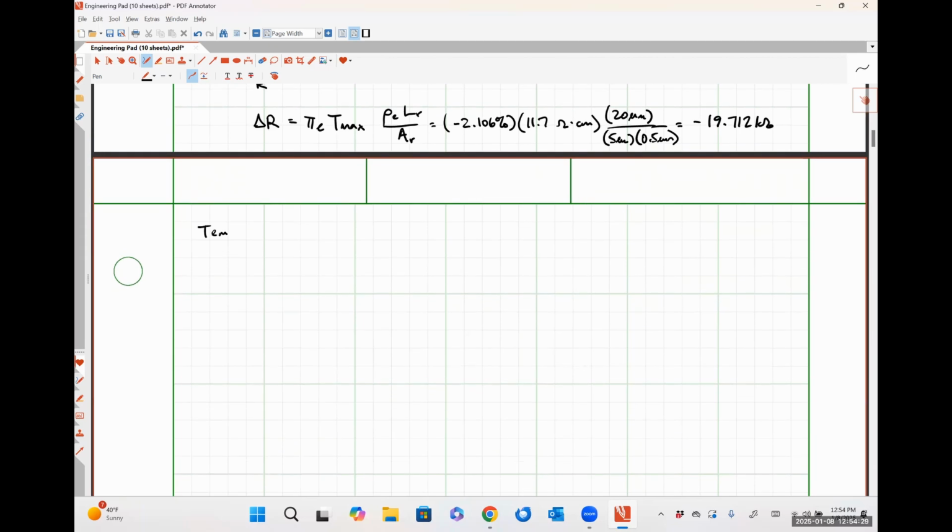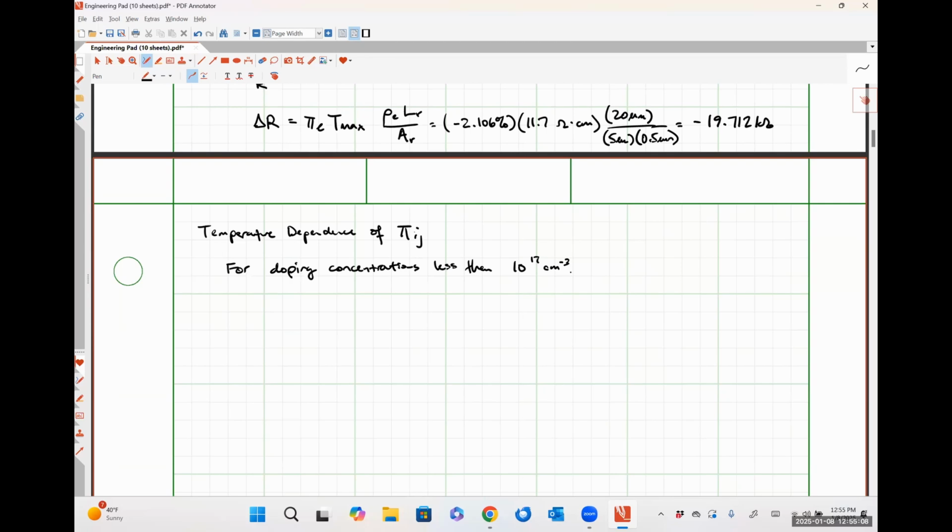So, temperature dependence of pi ij. So for doping concentrations less than 10 to the 17 per cubic centimeter, which is, you recall from Monday, the exact same constraints on the information in our table.